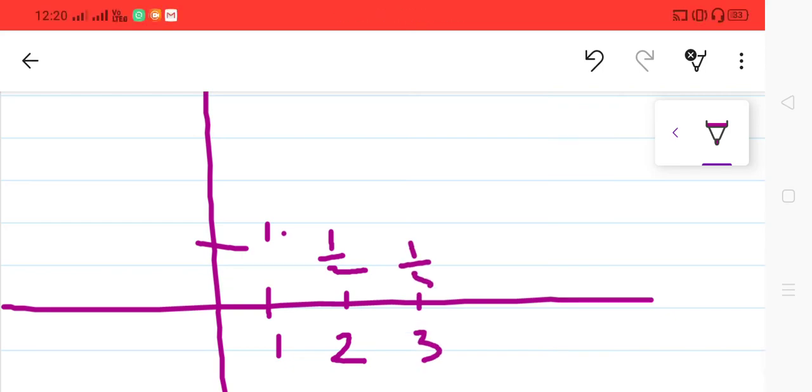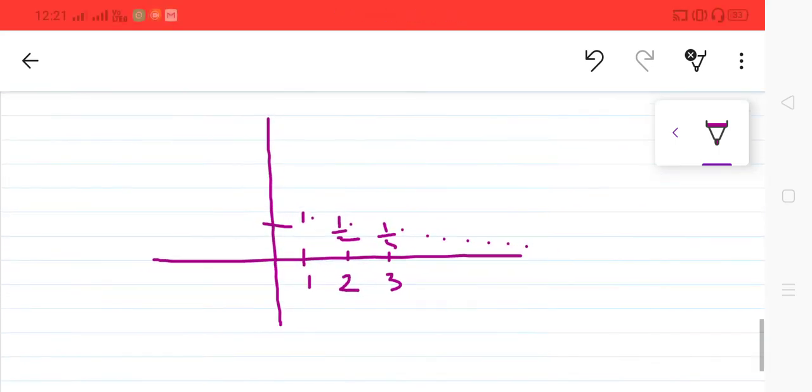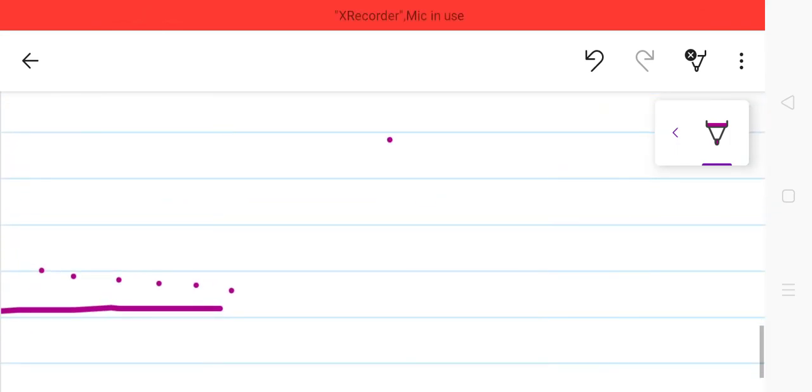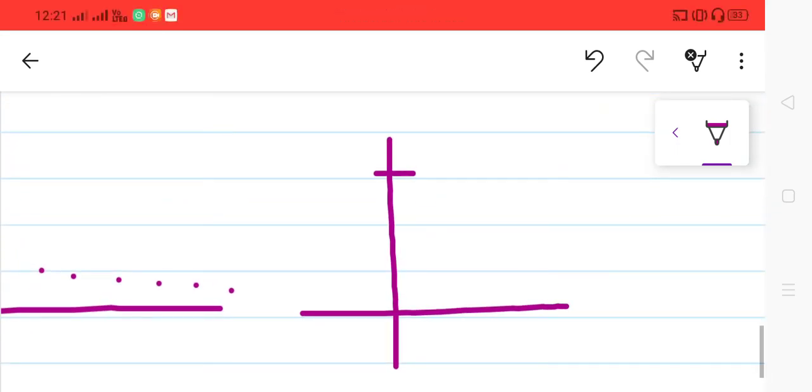It's going like this. Suppose I draw it bigger: 1, 2, and so on. So it is going like this.